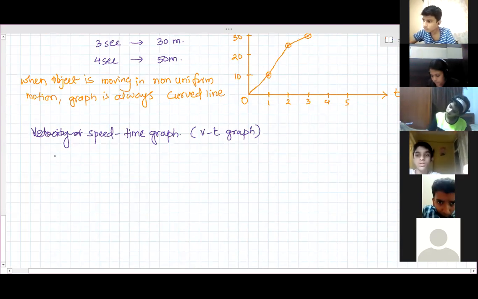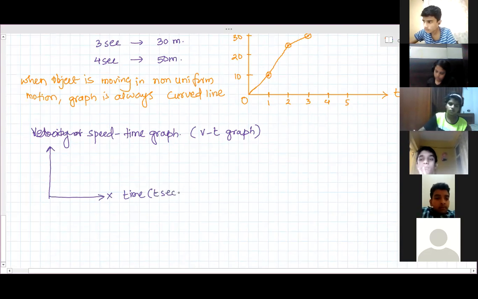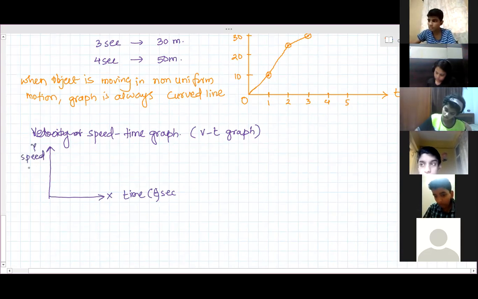In this one, the graph is like this way. On the x-axis, you have to take the value of time t in seconds, and on the y-axis, the value of speed, that is v, either in meter per second or kilometer per hour.